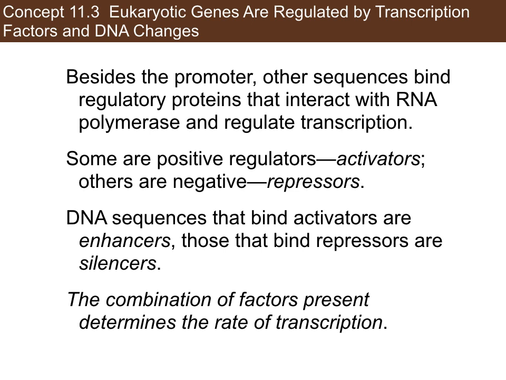So activators and repressors are the proteins, they're the transcription factors, and the places where they connect or attach to the DNA are called enhancers and silencers. So activator proteins attach to enhancer sequences, and repressor proteins attach to silencer sequences.